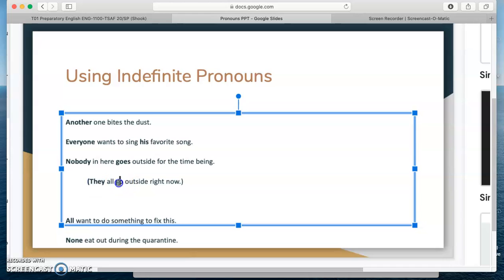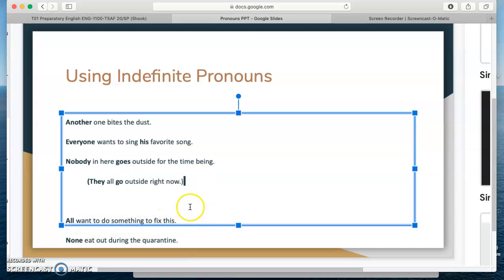With go, right here, we have the use of go as a verb with a plural subject, and therefore we have to make sure that our subject pronoun is also plural. So they go outside, nobody goes outside.